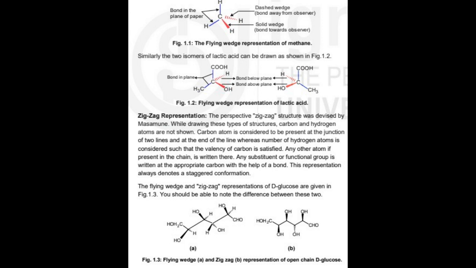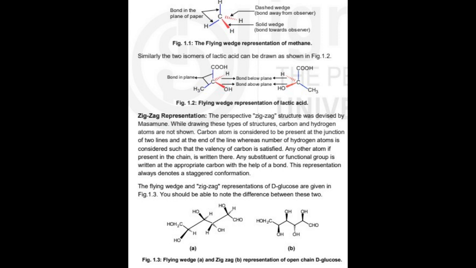The perspective zigzag structure was devised by Masamune. While drawing these types of structures, carbon and hydrogen atoms are not shown. A carbon atom is considered to be present at the junction of two lines and at the end of a line, whereas the number of hydrogen atoms is considered such that the valency of carbon is satisfied.